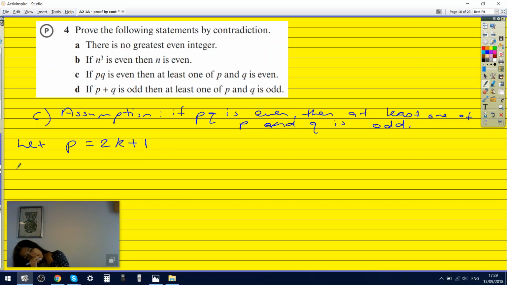What would we let Q be equal to? An even number or an odd number? Odd. Why? Because odd times even doesn't equal even.